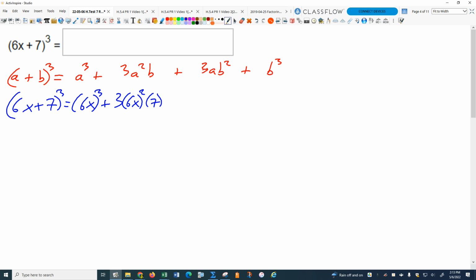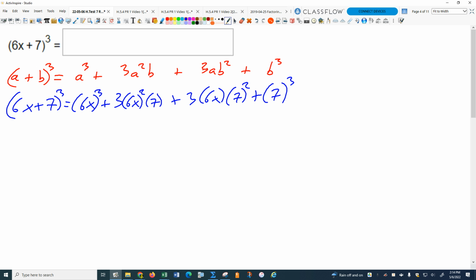In order to avoid making mistakes, just write it all out unsimplified first, in the form of our pattern, and then we'll simplify. So then we get 3 times 6x to the 1 times 7 squared plus 7 cubed. And now we just have to simplify each term and we're done.